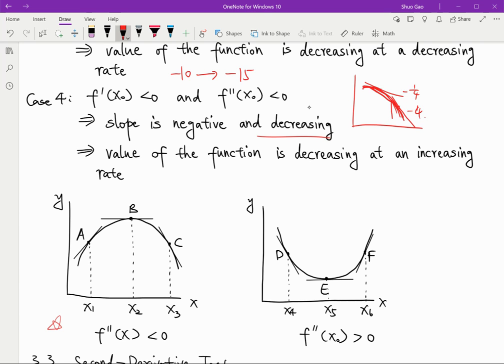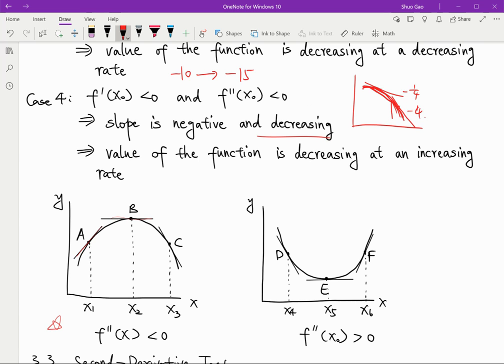At point A, the slope is a large positive number, but it will decrease until it reaches point B where the slope is 0. It's a flat line, so the rate of change is 0. So from A to B, the slope decreases from a large positive number to 0.